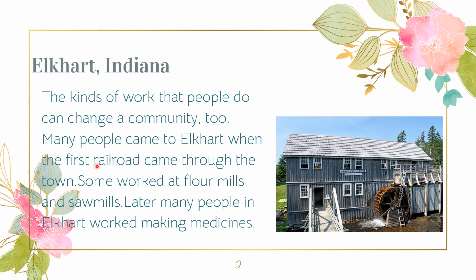Because this was a means of transportation, they were able to come to Elkhart. Now when the people reached Elkhart, they started working at flour mills and some started working at sawmills. Later, people started making medicines in Elkhart, which started bringing changes in the city.